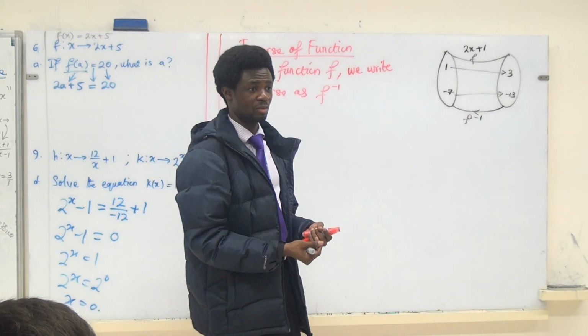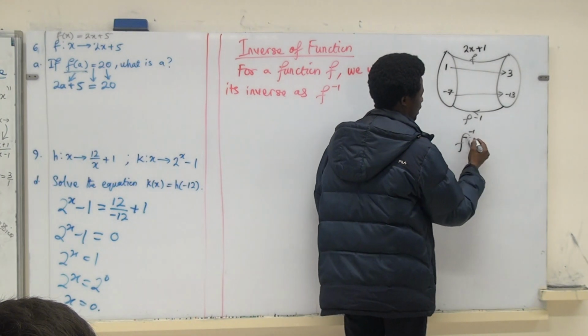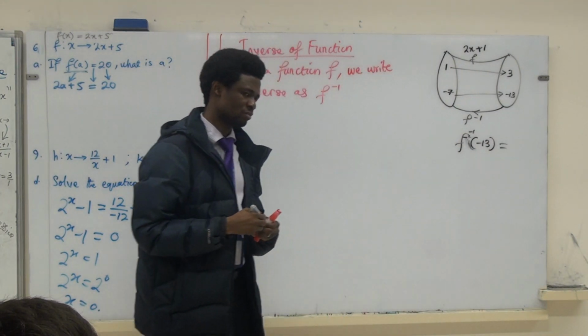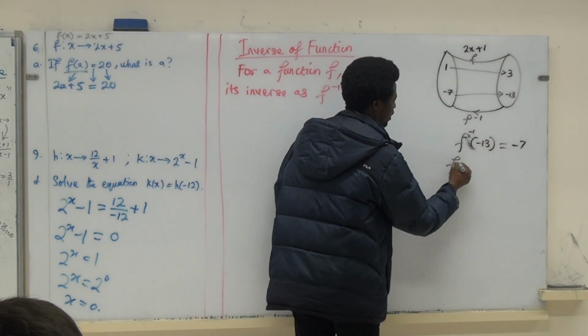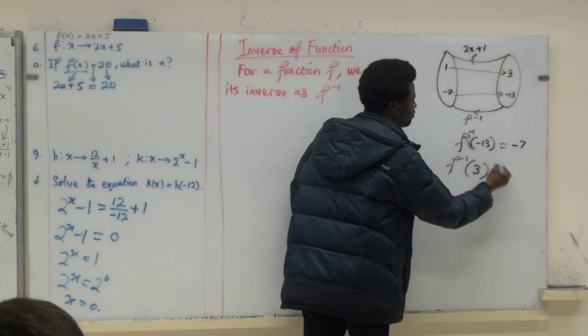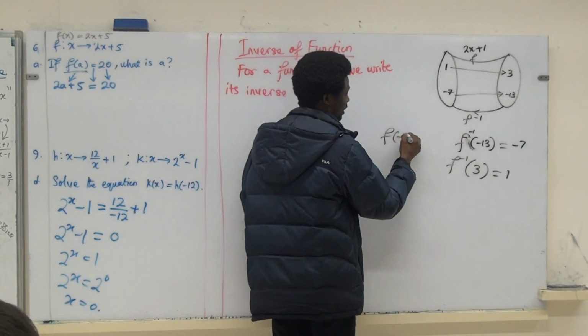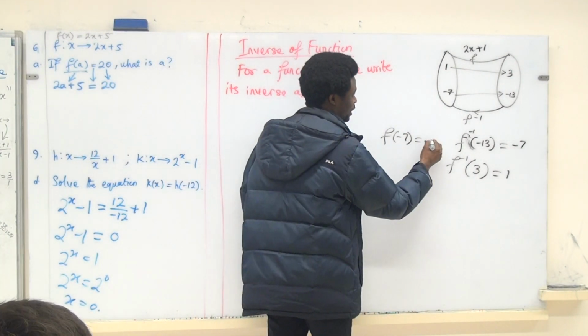Does it make sense now? So which means f inverse, I'm asking the class now, f inverse of negative 13 should give me what? Negative 7. f inverse of 3 should give me what? 1. Exactly. But f of negative 7 is what? Negative 13.